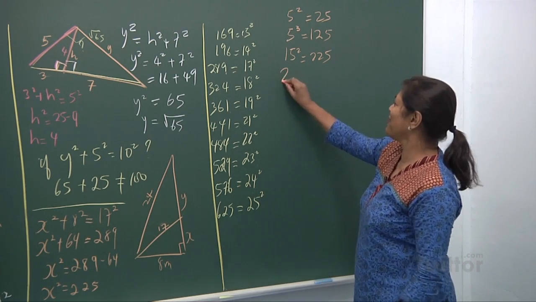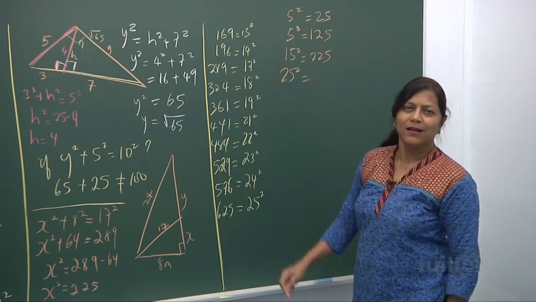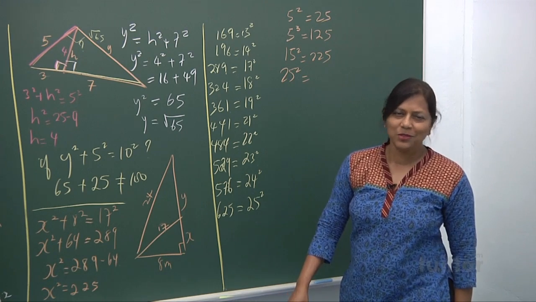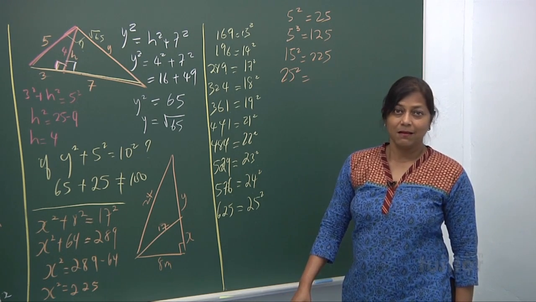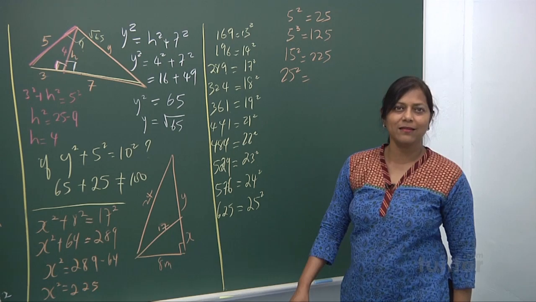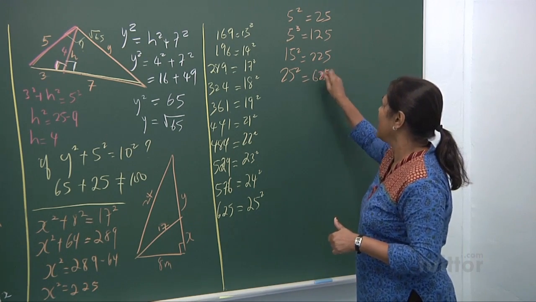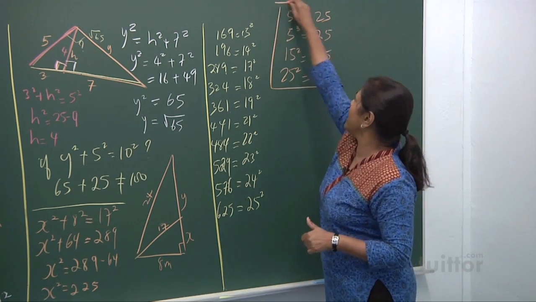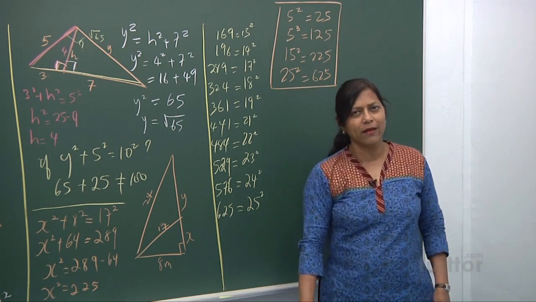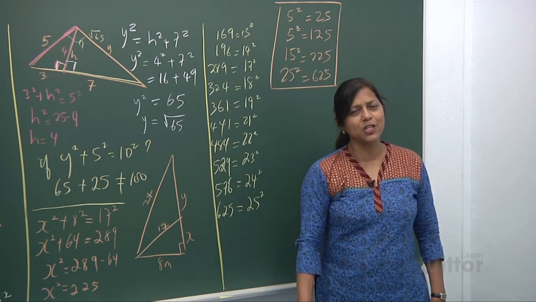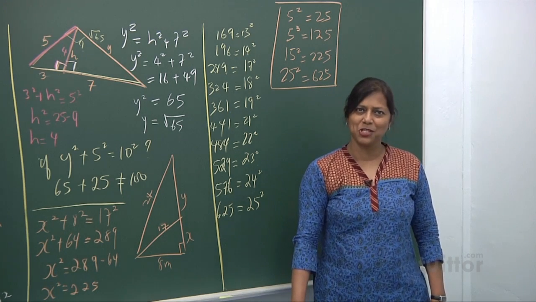And I said 25 squared. Oh, it's a gang fight. What do you guess it to be? 625. That's how you connect numbers with your own version. And I thank this lovely boy for teaching me how to be a better teacher.